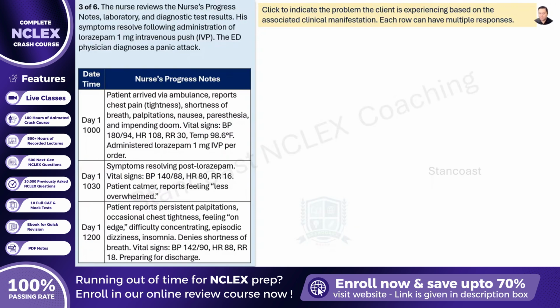At 12 noon, patient reports persistent palpitations, occasional chest tightness, feeling on edge, difficulty concentrating, episodic dizziness, insomnia. It denies shortness of breath, vital signs, blood pressure 142/90, heart rate 88, respirations 18, preparing for discharge.